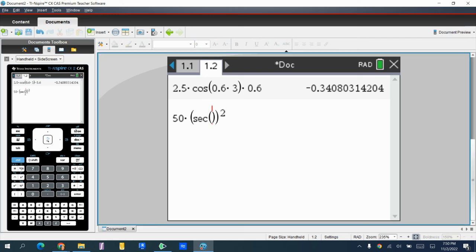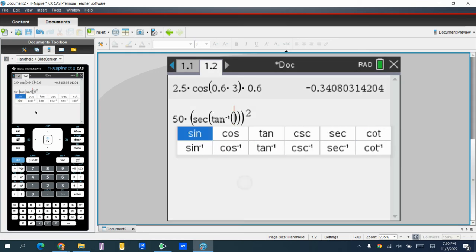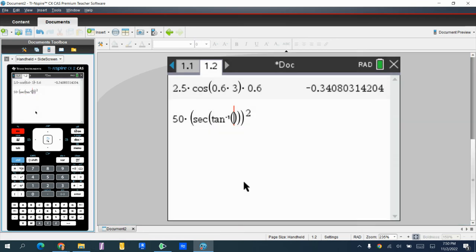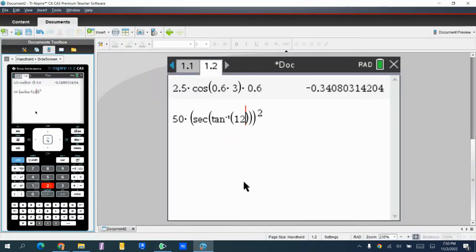Okay, what was I taking the secant of? I was taking the secant of the inverse tan. There we go. I think it was 5 over 12, but let's just double check. Nope, 12 over 5. See, this is why we check. 12 over 5.